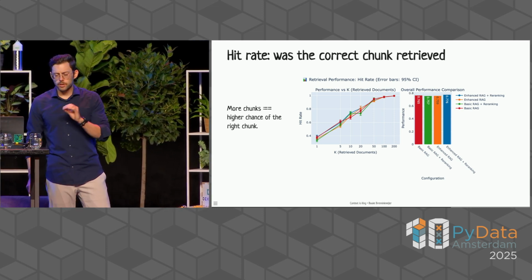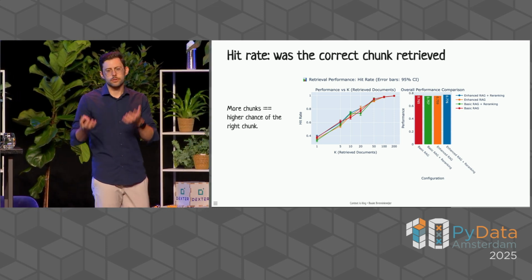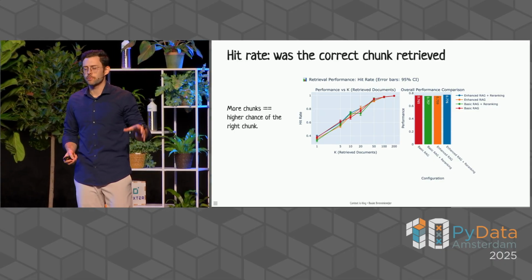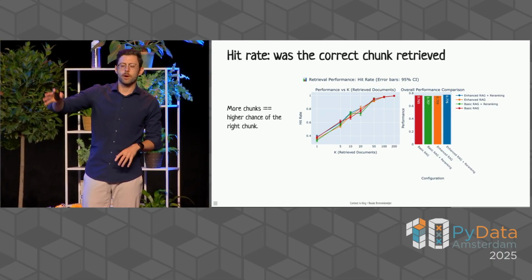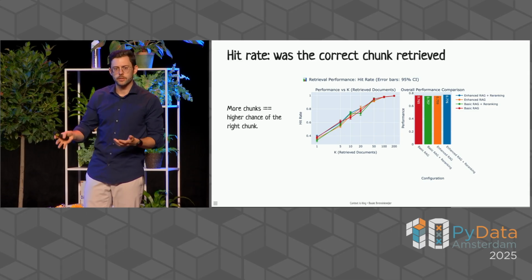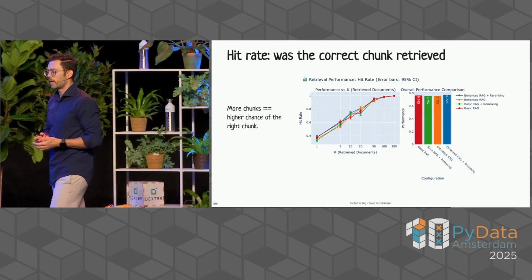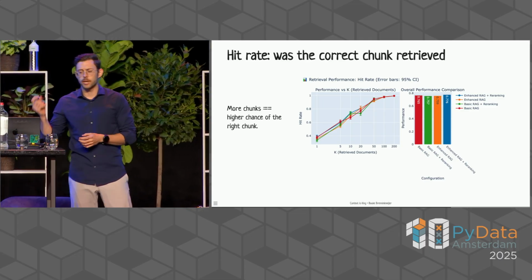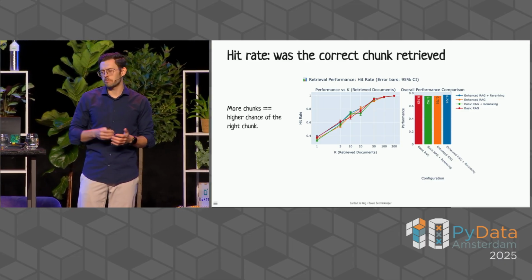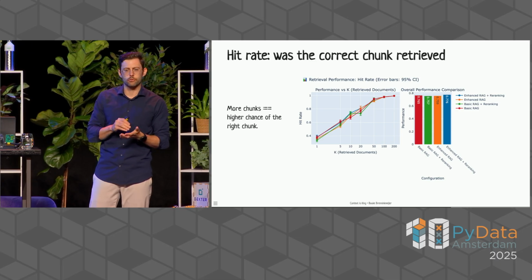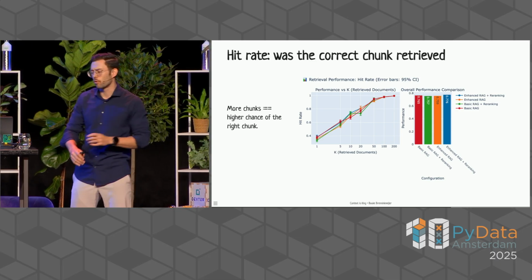I want to talk about hit rate quickly, because with RAG you always have this balance between looking at retrieval metrics, and which retrieval metrics they should be, versus whether my question is actually answered correctly. There's this split in metrics that you need to look at. The hit rate is kind of a weird version of recall, but it means: was the ground truth chunk in the context?